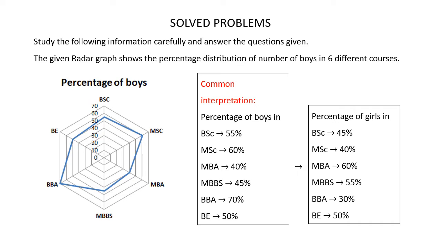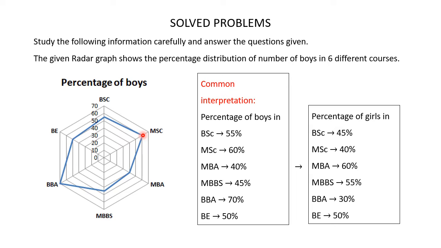Now, take this point for example. Now, this point corresponds with 55 on the radar graph. This means 55% of the students in BSc course are boys. Now, this point corresponds with 60 on the radar graph.